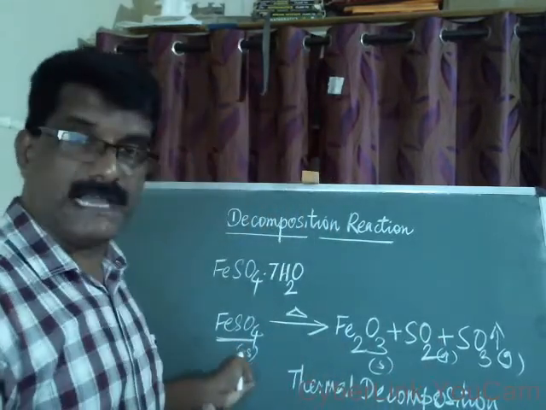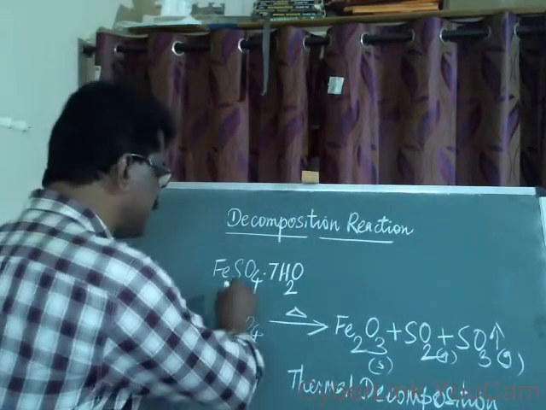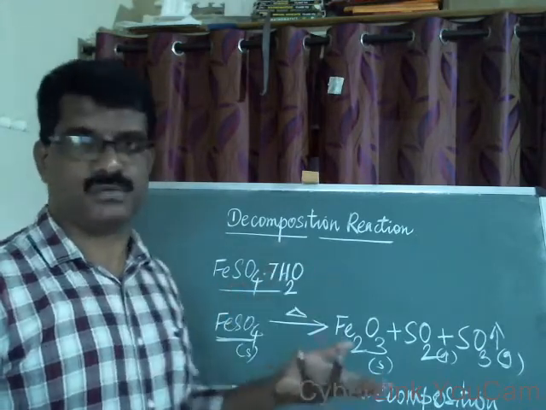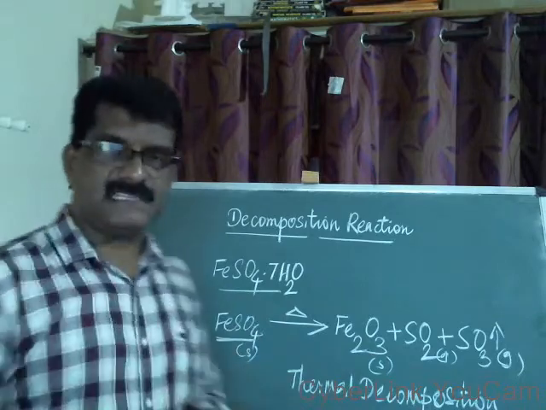Here the example is iron sulphate. Hydrated iron sulphate is FeSO4.7H2O. That means each molecule of iron sulphate in its crystal state consists of a definite number of molecules of water.